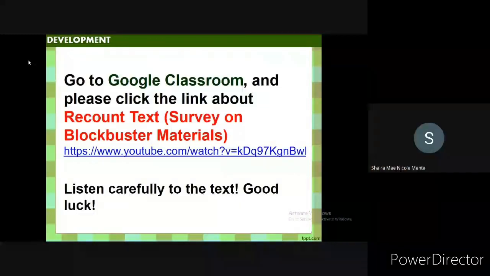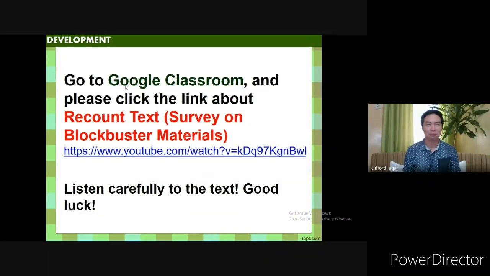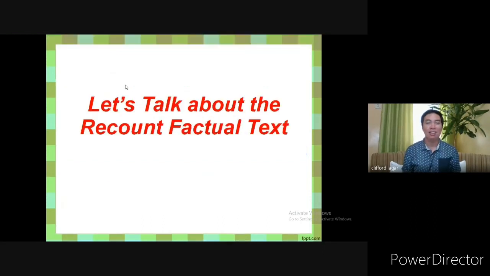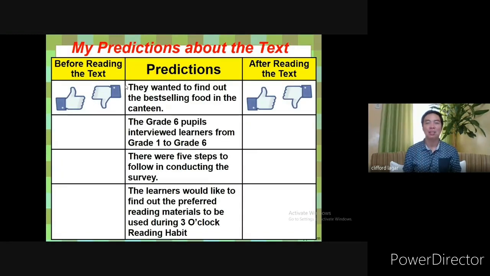Yes, sir. Okay, time's up. Now let's talk about the recount text that you have listened to. So let's see if your predictions are correct. Now Lee, tell me if this prediction is correct after reading the text.